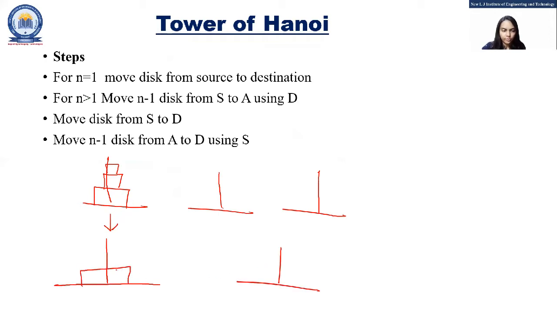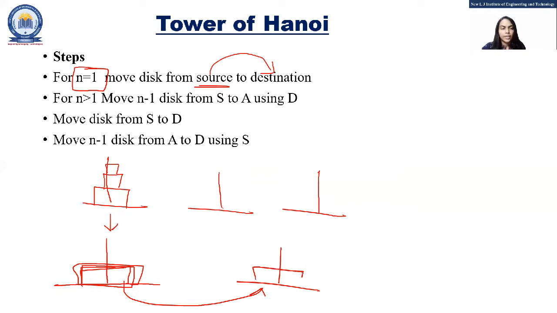In that scenario, when A, that is source, has just one disk, it can simply transfer that to C, right? So if n is equal to 1, that is, on source there is just one disk, we can easily transfer that disk from source to destination. Okay, but what if it does not have one disk and has more than one?